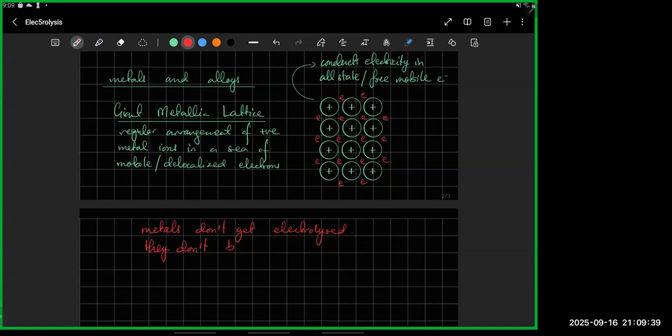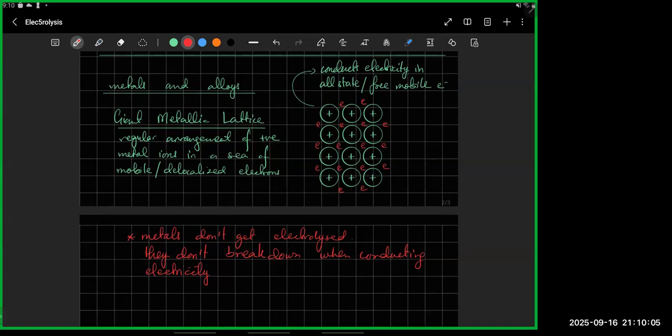You've never seen a wire breaking down into different things and forming new compounds. They don't break down when current is passed through them. Ionic compounds break down when you conduct electricity through them, but this doesn't apply to metals.